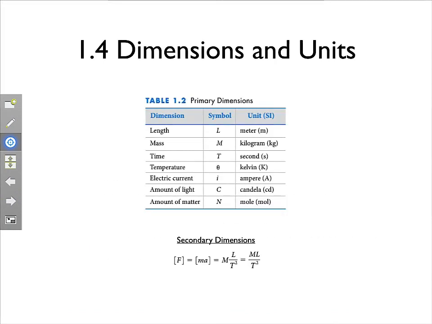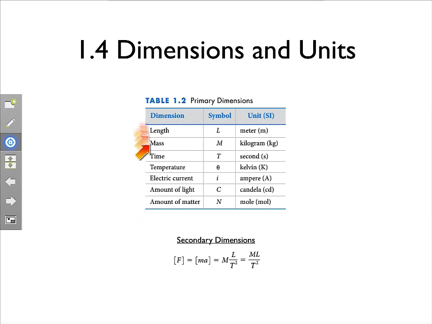Moving forward, we want to discuss dimensions and units. We're going to need this throughout the whole course. It's amazing to me that the System International system, the SI unit system, only has 7 primary dimensions. These are dimensions from which all other quantities can be derived.